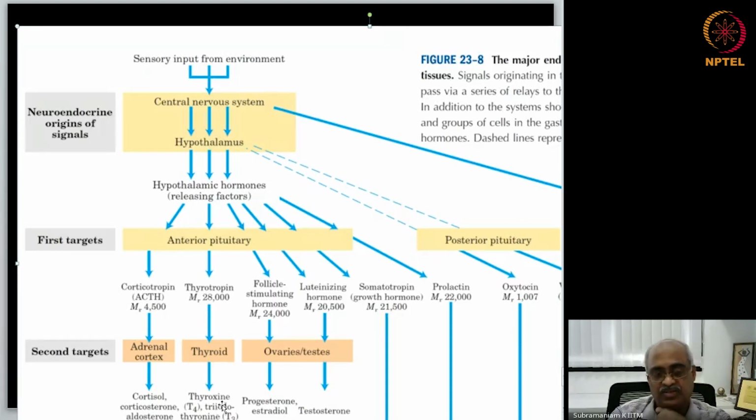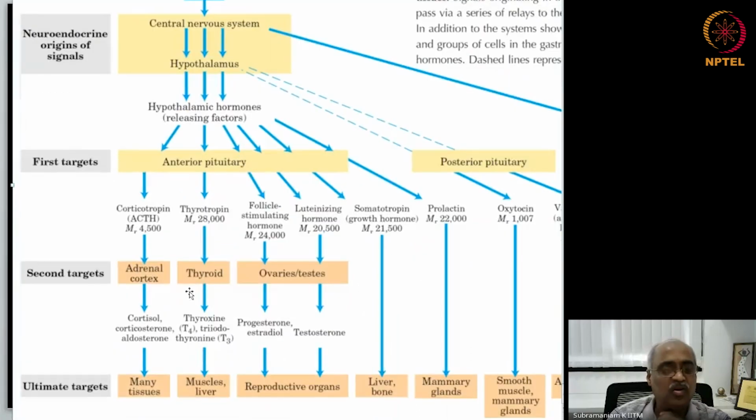Therefore, this pituitary is like the middle manager here. And this in turn responds to hormones produced by the hypothalamus. These are the releasing factors, hypothalamic hormones. They act on anterior pituitary and posterior pituitary to activate them to produce these tropin hormones that go and act on the endocrine glands.